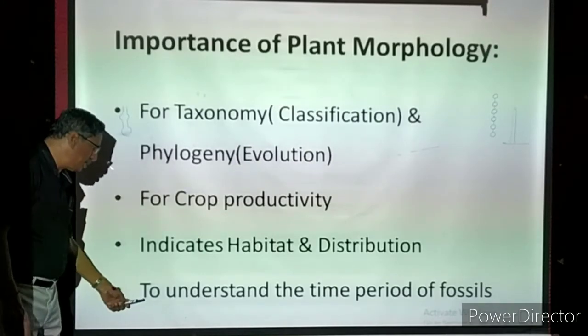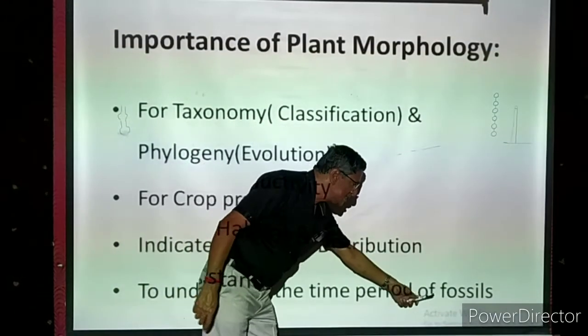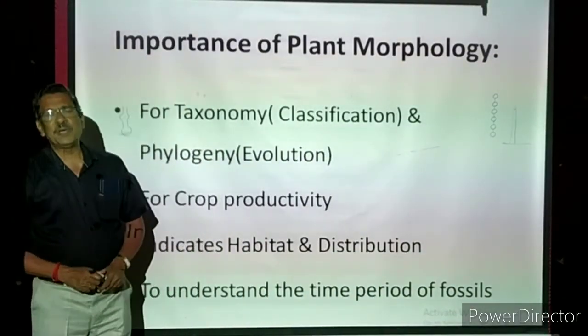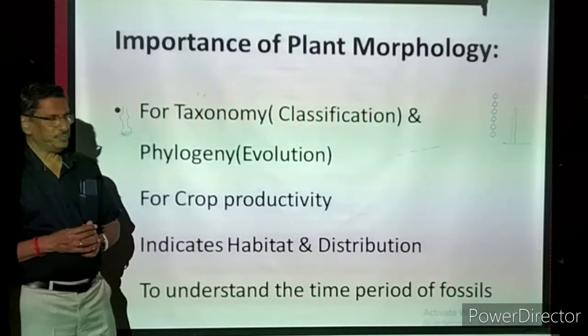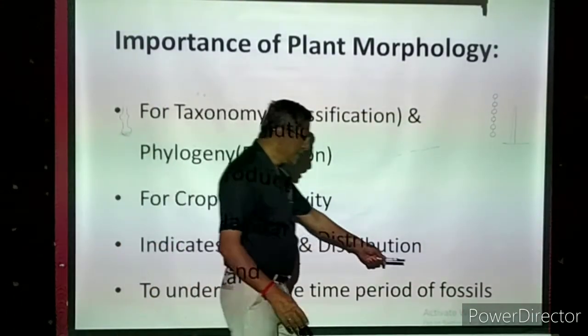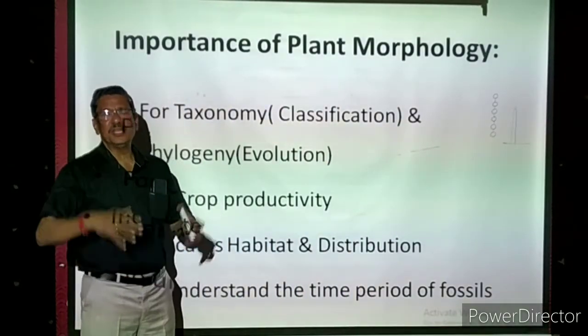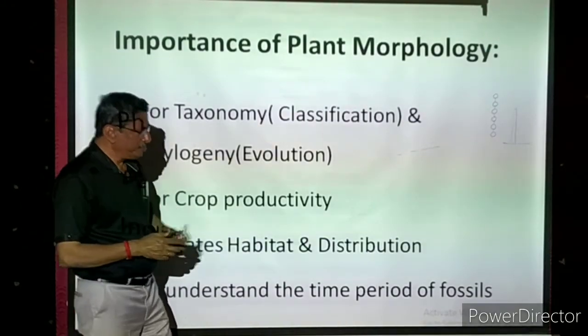It is also important to understand the time period of fossils. First we will take what are fossils. Now there are so many species of animals which lived in the past but are not living now. They are called fossils, extinct animals. We are calling them extinct animals. These animals are animals, plants also.